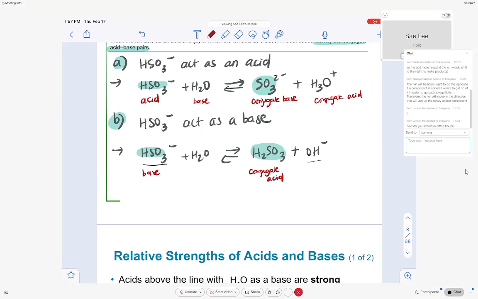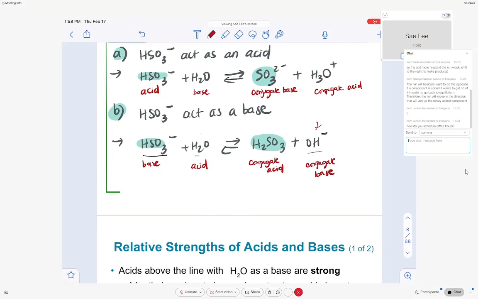Water is donating its proton, so it's the acid, and the form that water becomes after losing its proton, the hydroxide ion, is the conjugate base of this acid. Okay? Let me know if I'm going too fast.